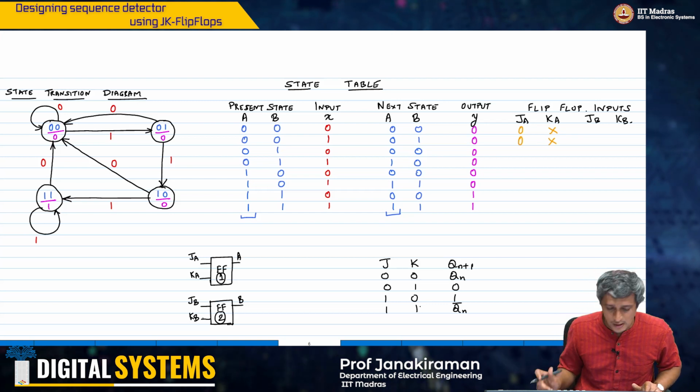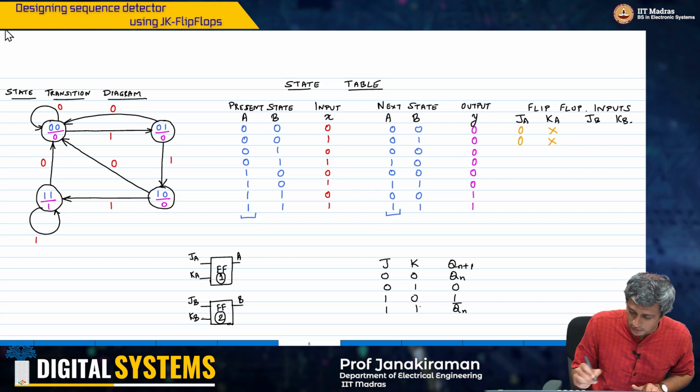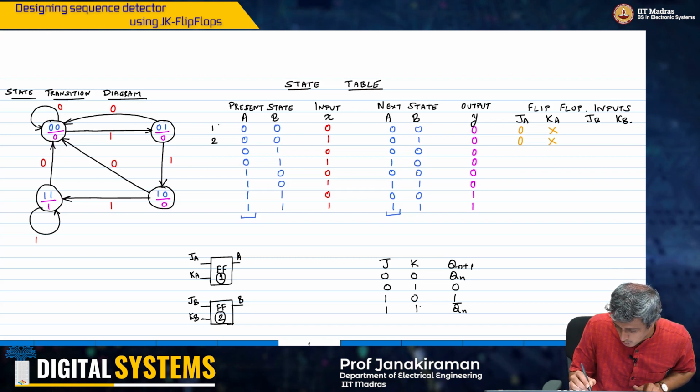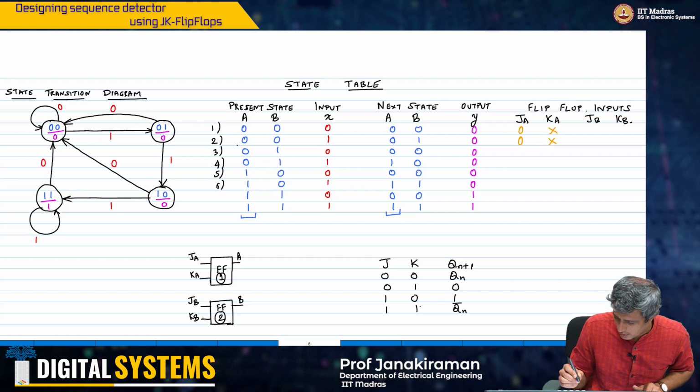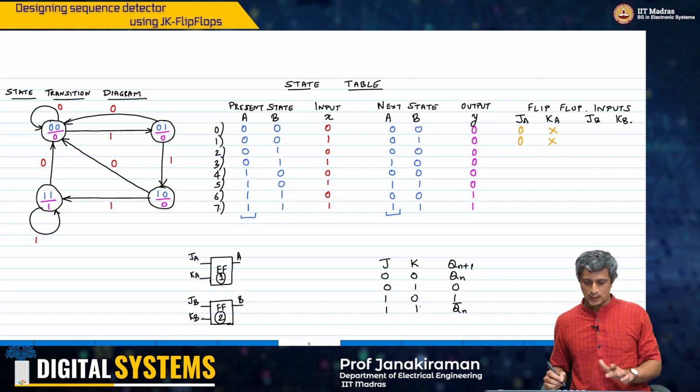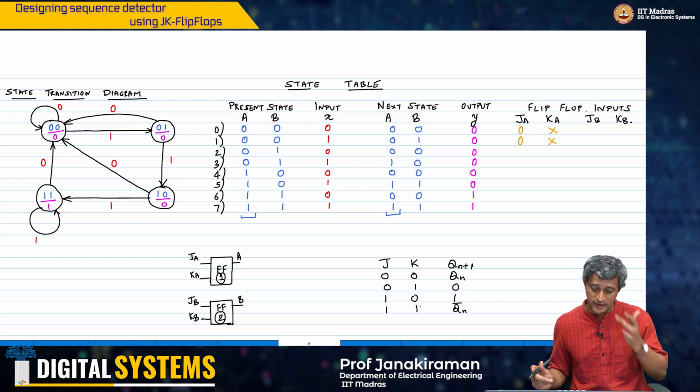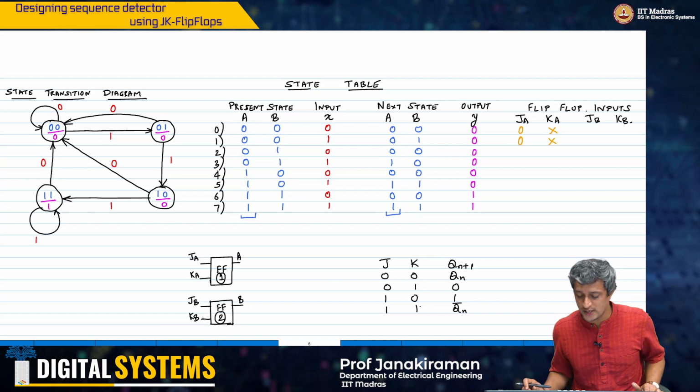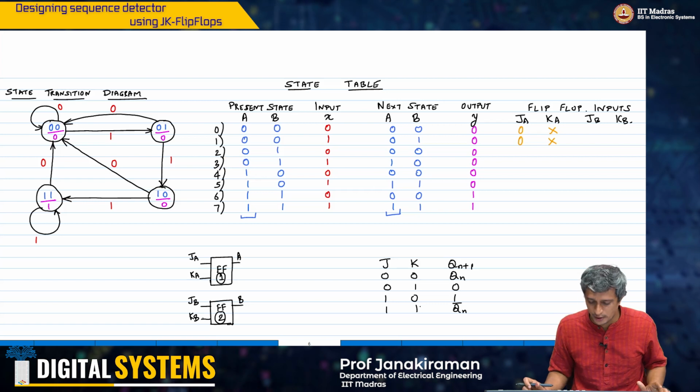Now, let me also number the rows, I think I will just call it 0 to 7. Row 0 and row 1 are very straightforward, because there is no change or it is getting reset.